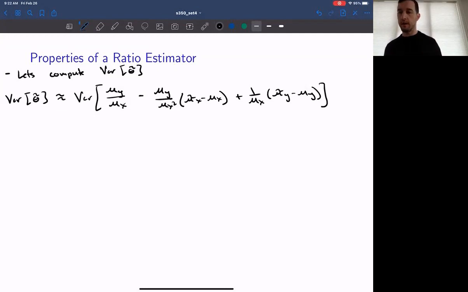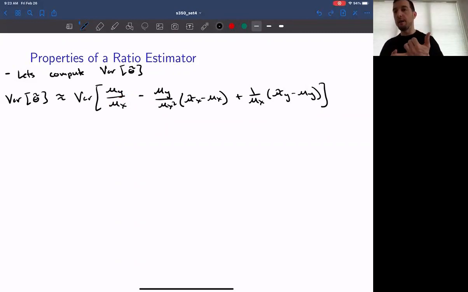Okay, so variance is closed under addition and subtraction. Sorry, I need to explain this slightly differently.